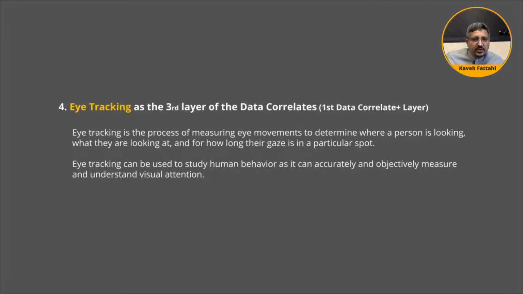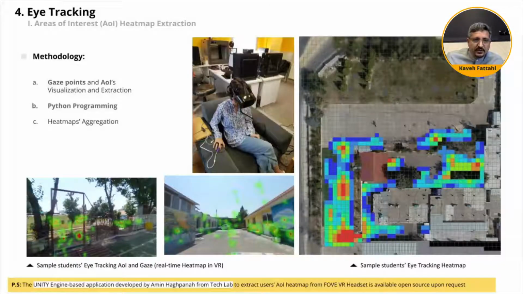The first data correlation plus layer is eye tracking, that is the process of measuring eye movement to determine where a person is looking or what he is looking at. That can be used in architecture studies as it can objectively measure visual attention. Using a VR eye tracker headset, the general distribution of survey students' gaze points and areas of interest in each activity zone were extracted and visualized as separate heat maps.